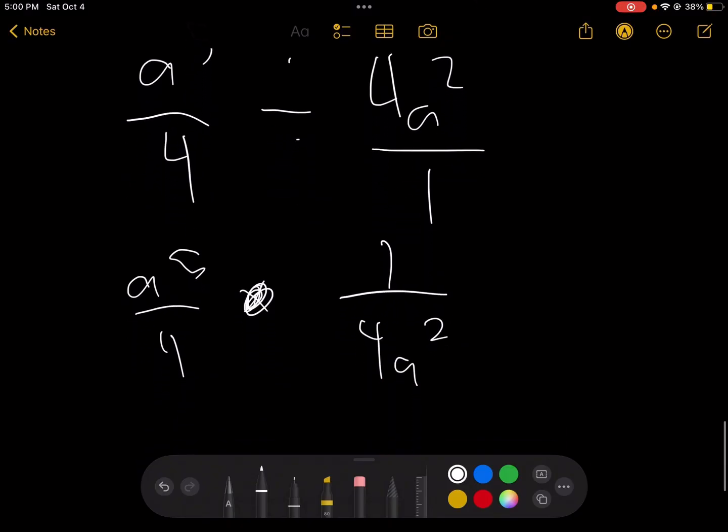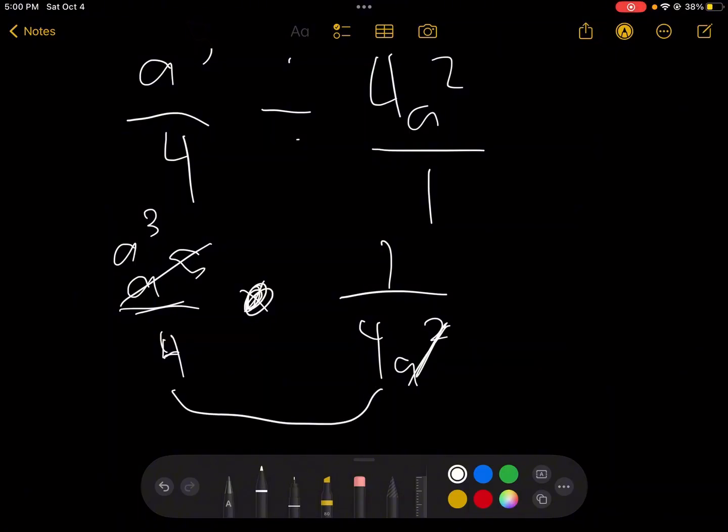Simple like that. Now we do what we did. So a to the fifth, and you remove this one, this would become a cubed. You can't cancel these two, and you can't cancel these two. Remember another thing: you cannot cancel numbers just because they're the same, like you can't cancel 3 and 1, and you can't cancel 4 and 4.